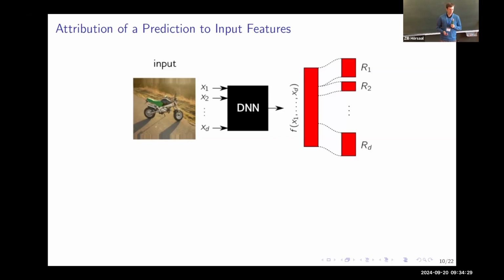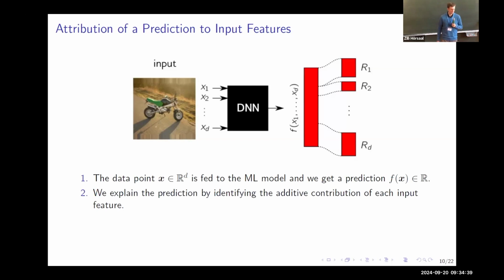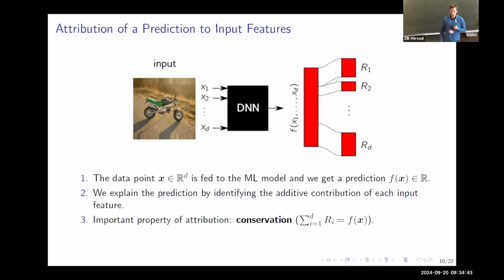And you can denote this contribution as R1, R2 until Rd, where d is the number of dimensions. And what you typically require is that these contributions are additive, which means that you can think of them as the share a given feature contributes to the output score.